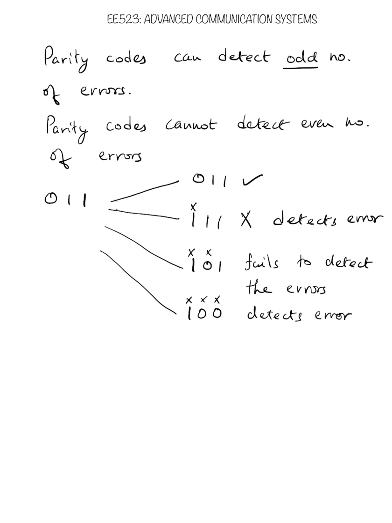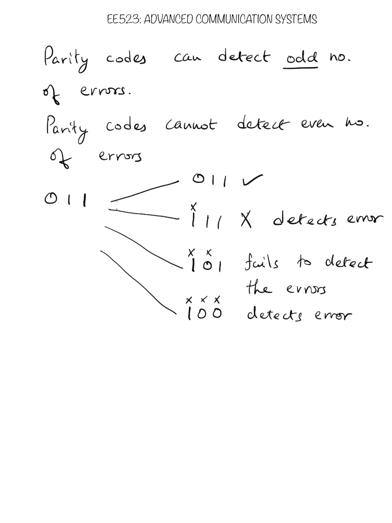But it does not know where the problem is, or whether more than one bit has changed. So the parity code can only detect an odd number of errors, but it cannot correct any errors. And in the case of an even number of errors, it cannot even detect them.